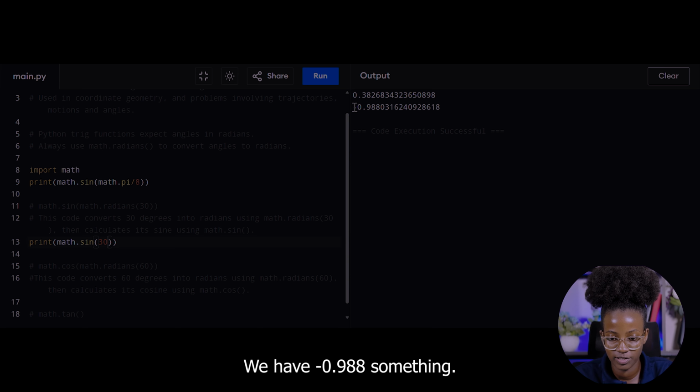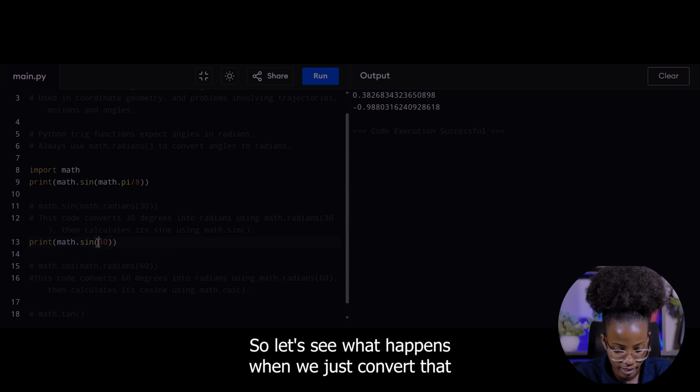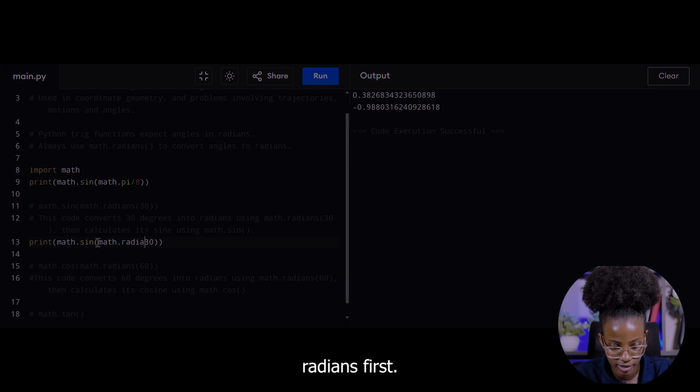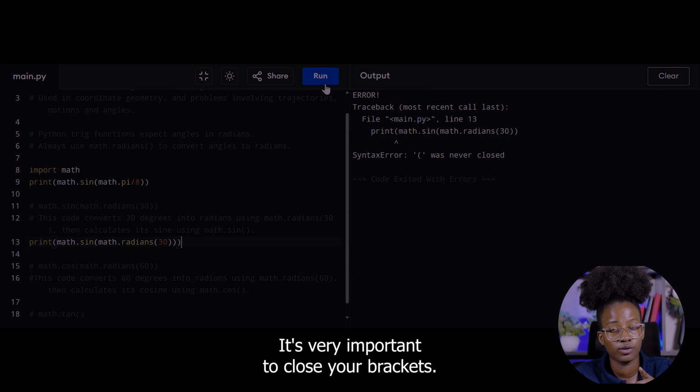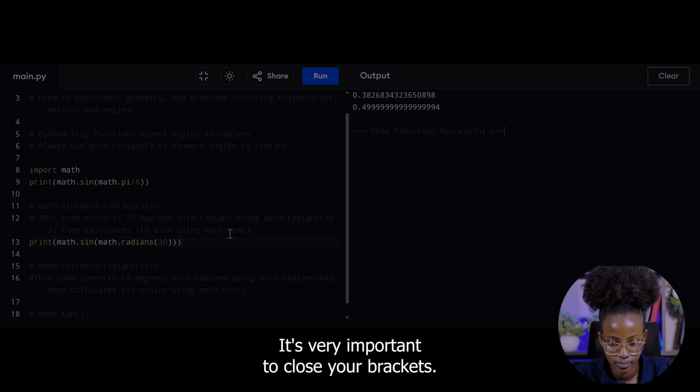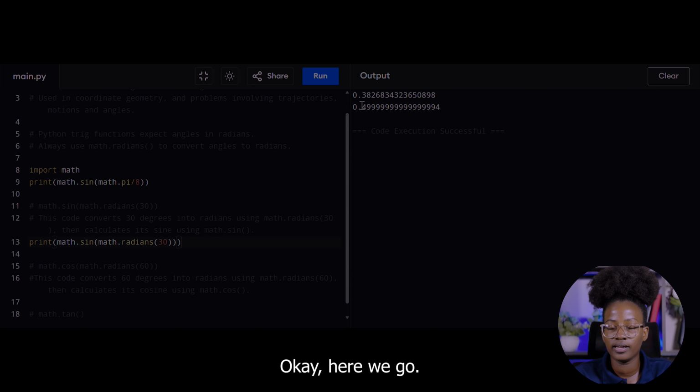We have negative 0.988 something. So let's see what happens when we convert that to radians first. Oh, it's very important to close your brackets. Okay, here we go. It gives us a correct answer.